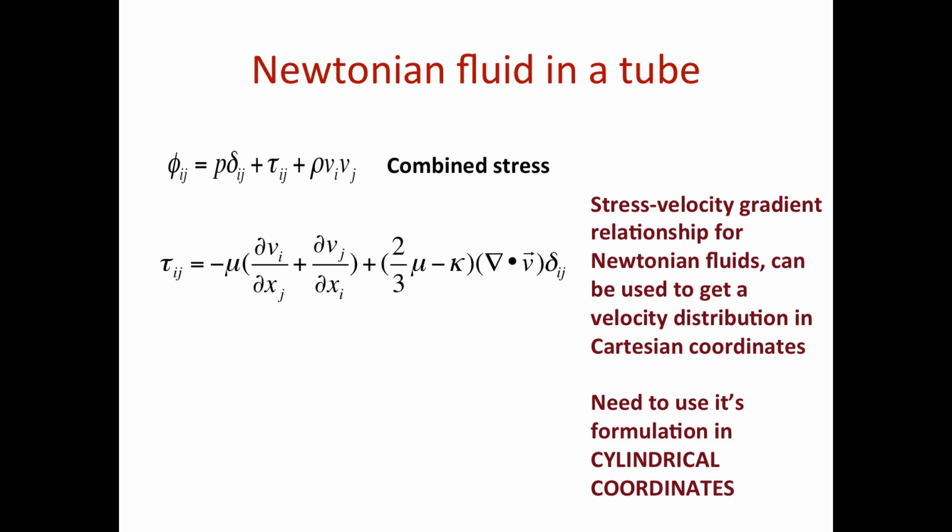All right. So again, you also have to be careful. The way this is expressed here is in Cartesian coordinate system. So this ijk we refer to as xyz. You have to look up for cylindrical coordinate system what this expression is. So for instance, divergence of v is not going to be partial vr partial r plus partial v theta plus partial vz partial z. Okay, it's not that straightforward.